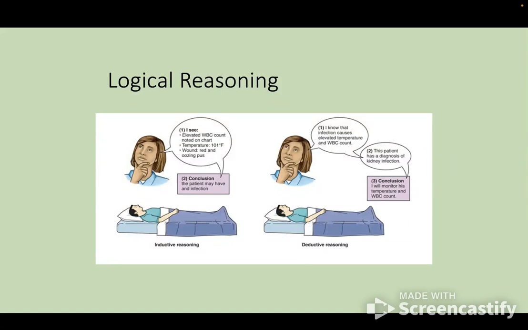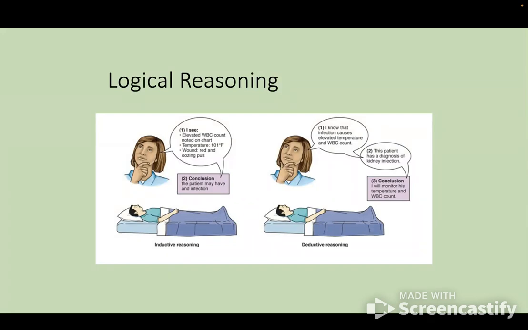Whereas if you look at the nurse assessment picture on the other side, the deductive reasoning, she knows infection causes an elevated temperature and white blood cell count, and the patient also has a diagnosis of a kidney infection. So in her conclusion, she's starting out general and getting down to specifics.